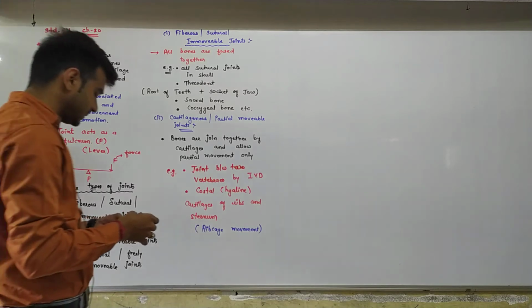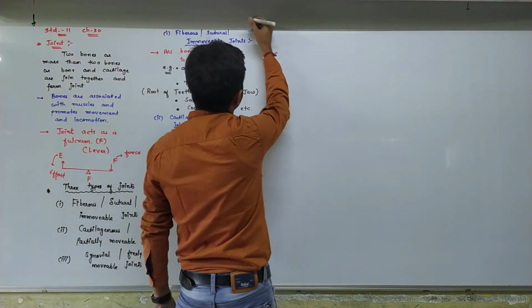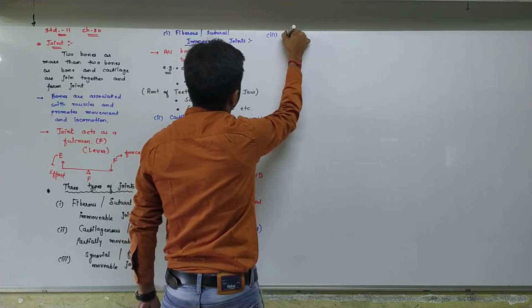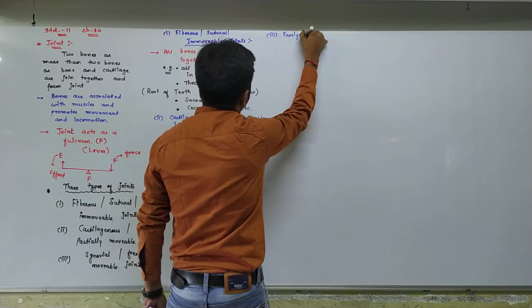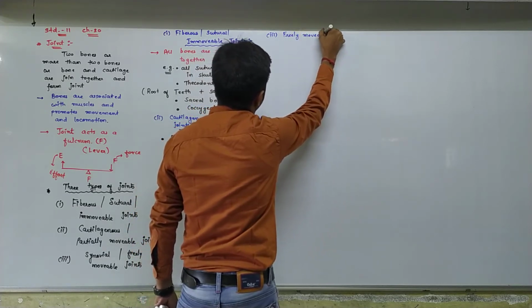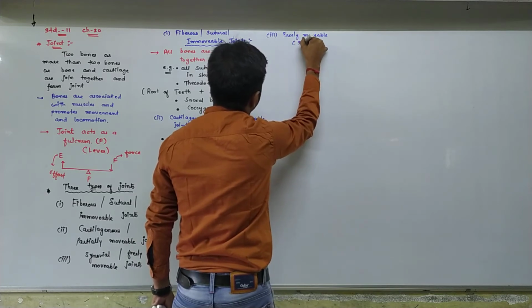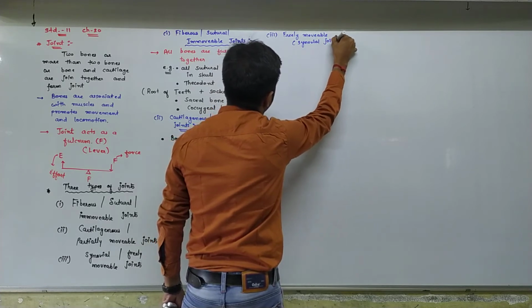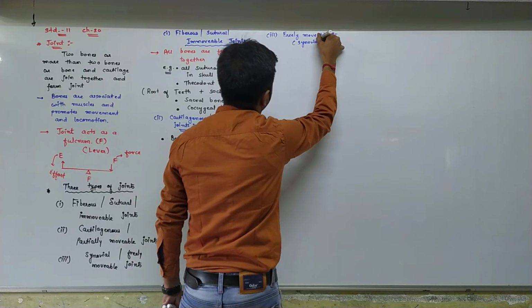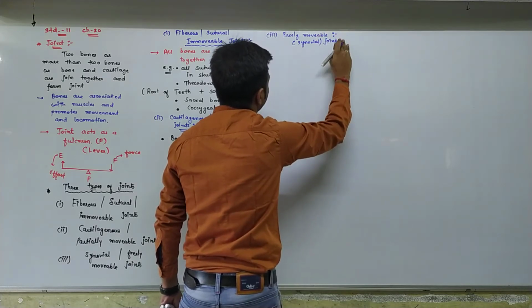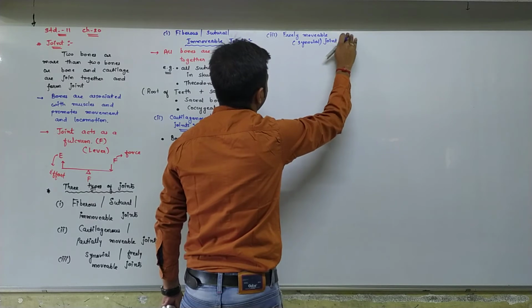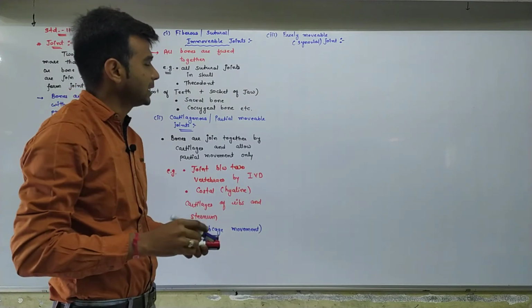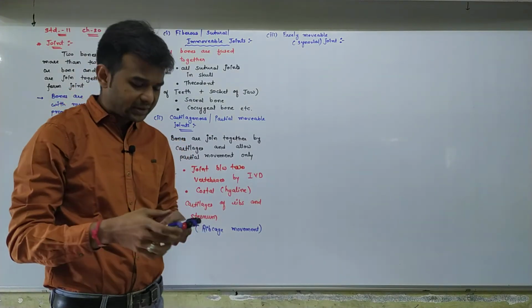Now the third is freely movable joint or synovial joint. Just for example, first I can draw a diagram of the synovial joint.